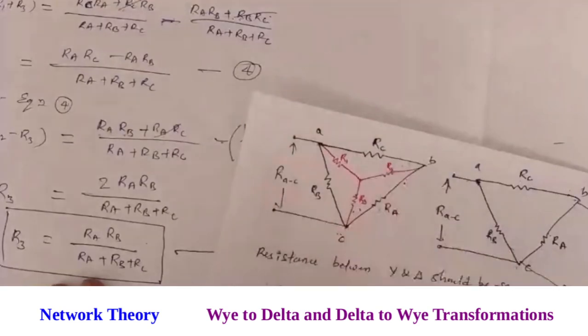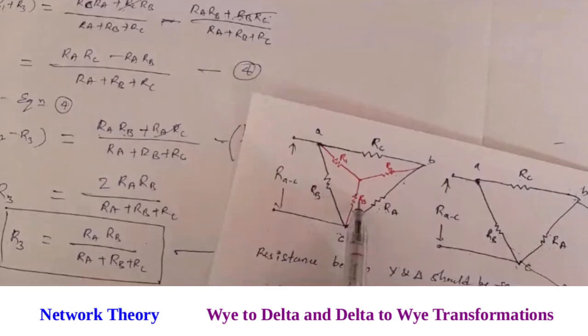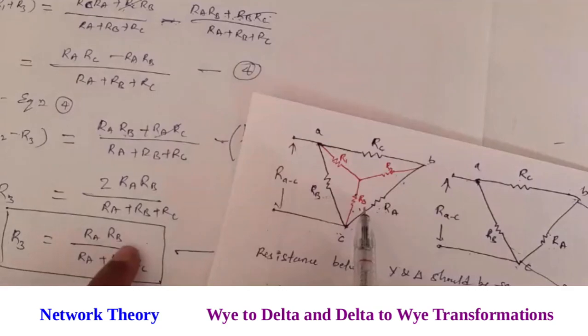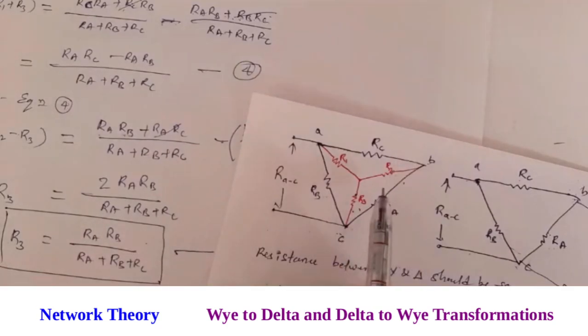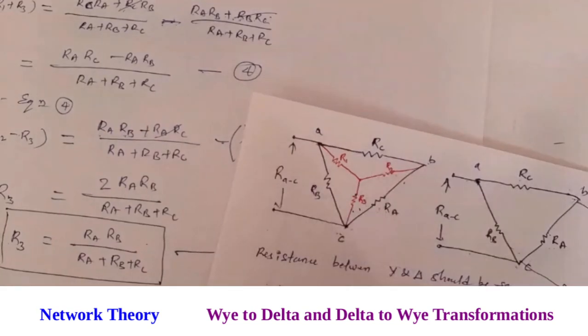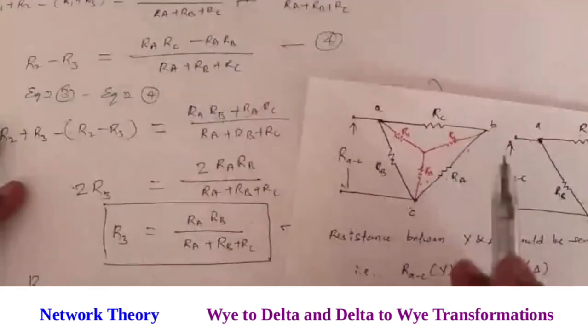It's very simple to remember. R3, a resistance of the Y or T network, can be found by multiplying the two resistors connected to it. RA and RB are both connected to it, so RA times RB divided by the sum of all the resistors, RA plus RB plus RC.